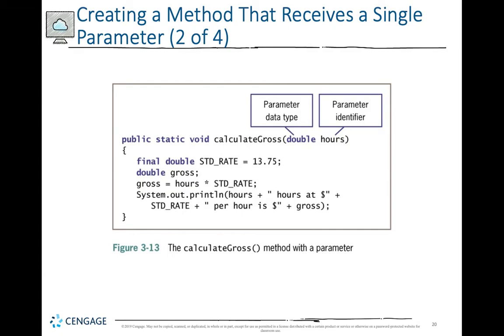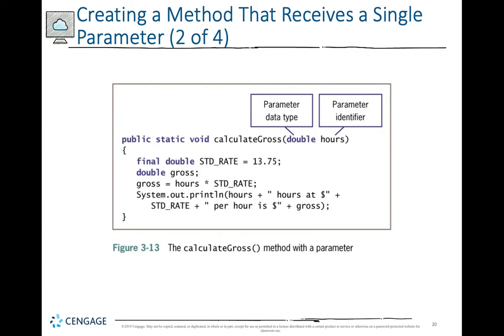We don't know what its parent class is because we just have a code fragment here. Because it's static, the parent class does not have to be instantiated. So if the parent class name was first, you would just say capital FIRST dot calculate gross, because it's static. If it was not static, then you would have to instantiate the class.